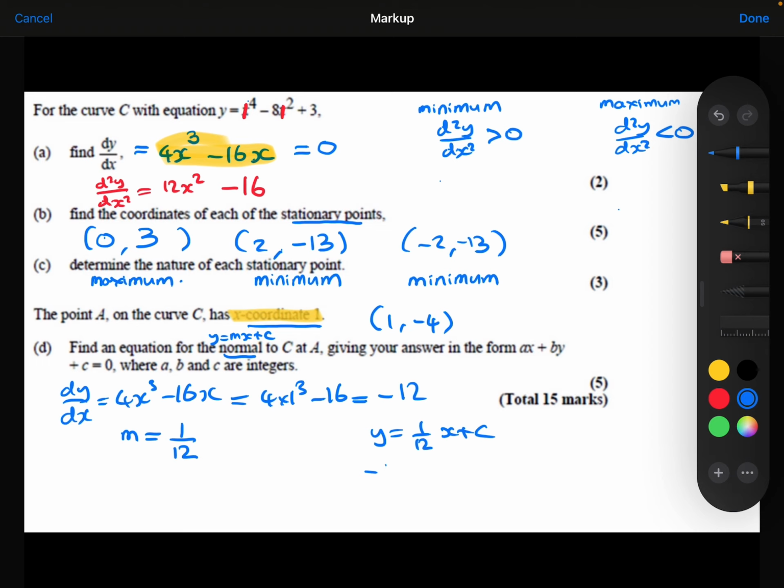So substituting that into my equation here, I've got minus 4 equals 1/12 times 1 plus c. So minus 4 equals 1/12 plus c. We're going to subtract the 1/12 from both sides. So the minus 4 minus 1/12 is c, which is the same thing as minus 49 over 12.